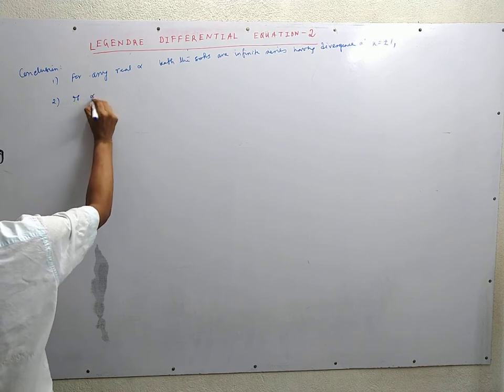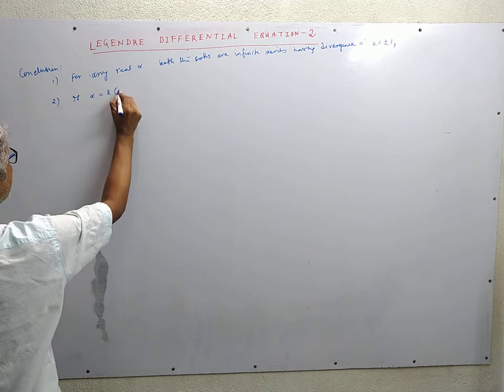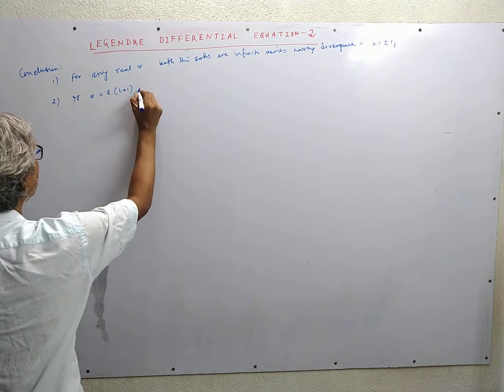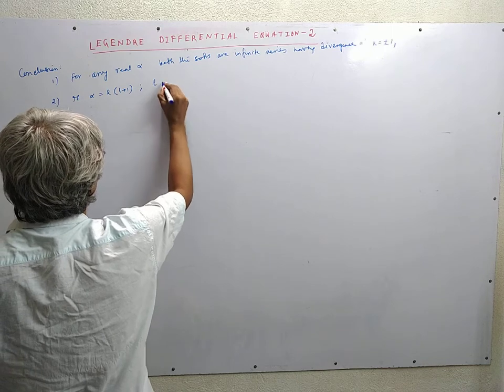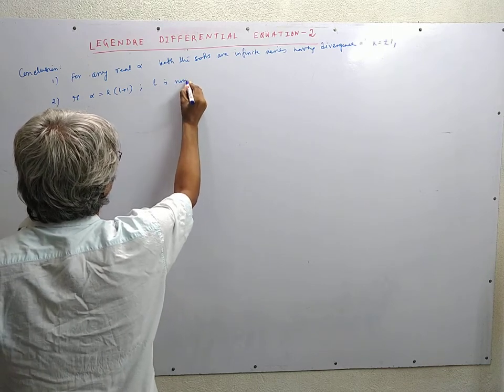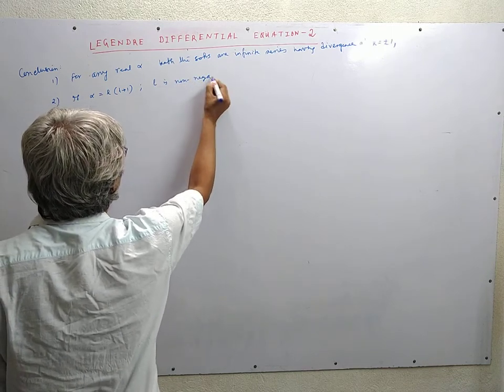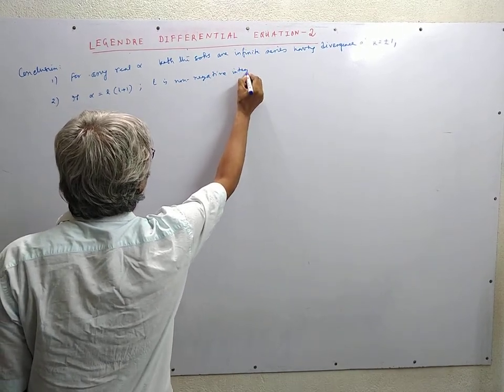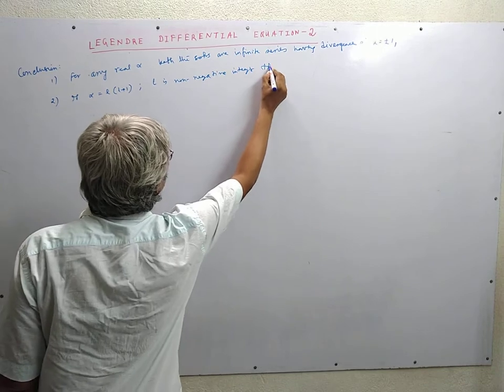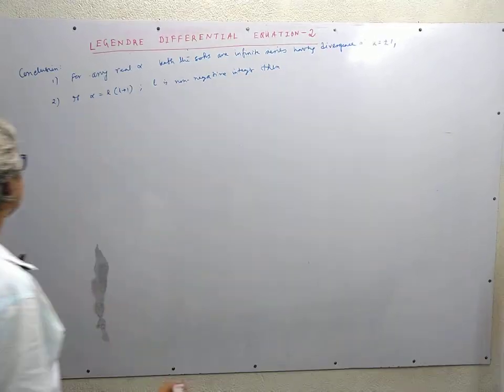If alpha is equal to L into L plus 1, where L is a non-negative integer, then two cases arise.